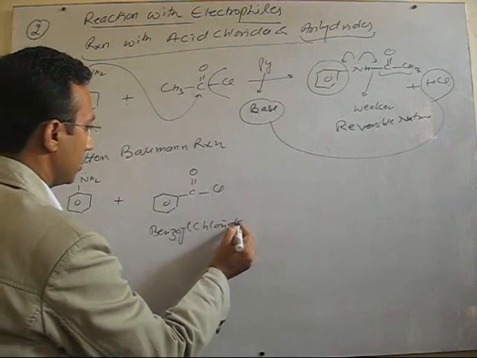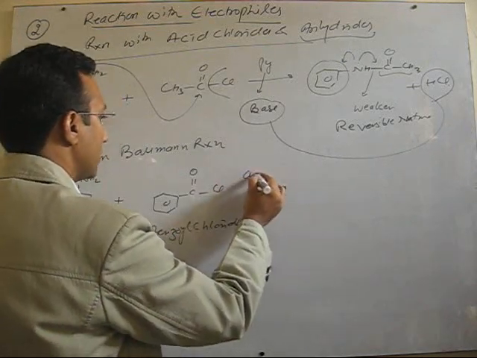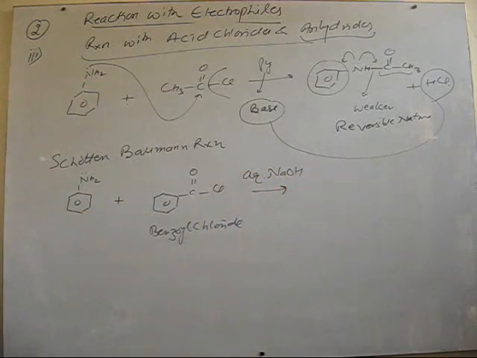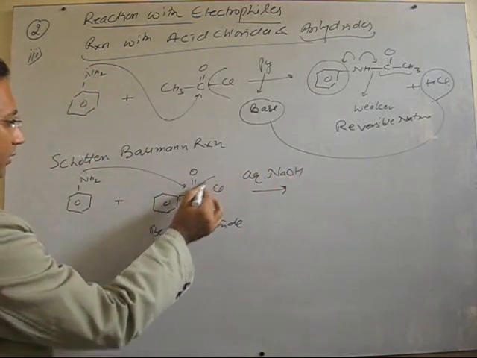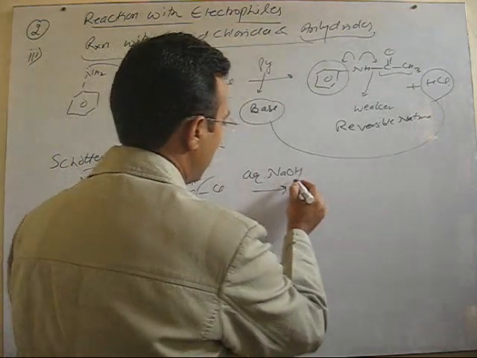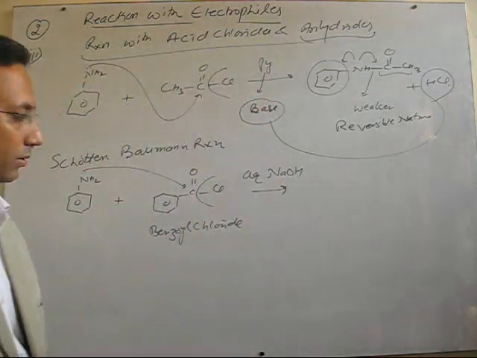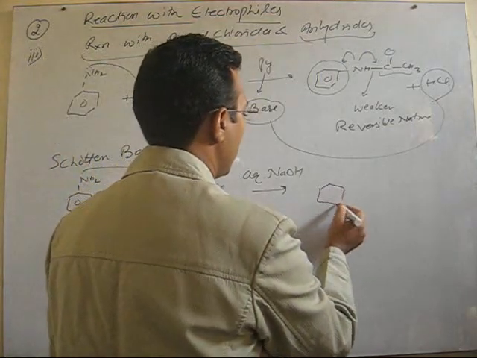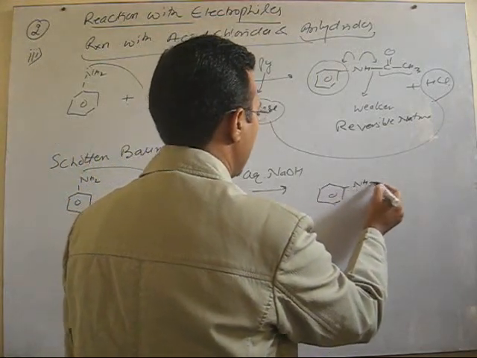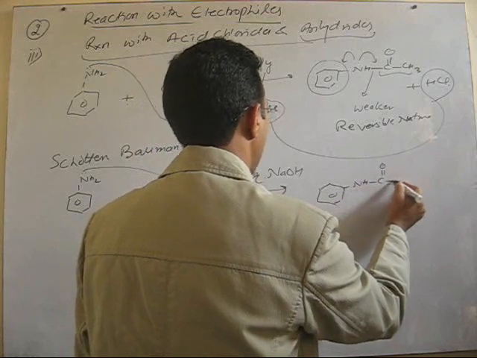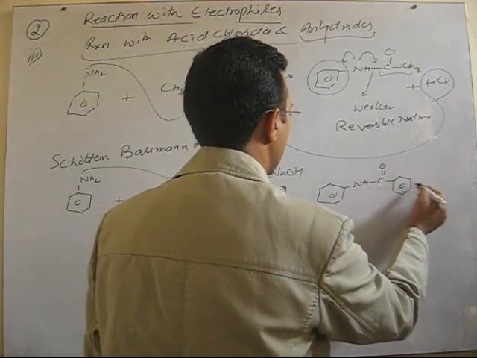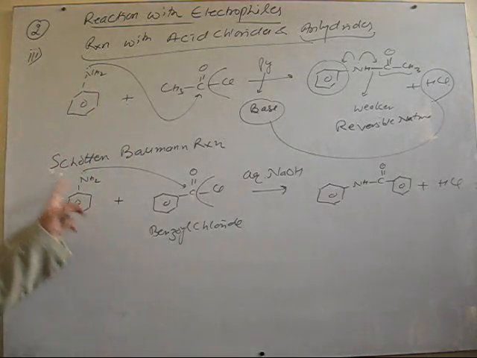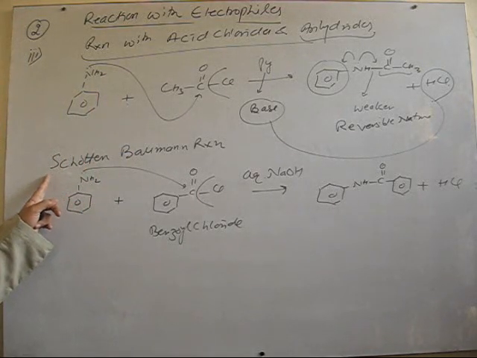Benzoyl chloride can also react in the presence of a base. Here we use aqueous sodium hydroxide. It again reacts like that. The purpose of sodium hydroxide is the same as that of pyridine. The product formed here is a phenyl-substituted aromatic amide, that is this plus HCl. Fine. So a very important reaction called the Schotten-Baumann reaction.